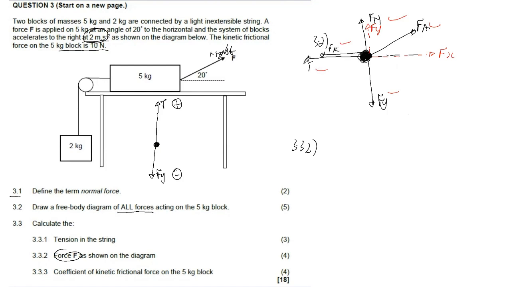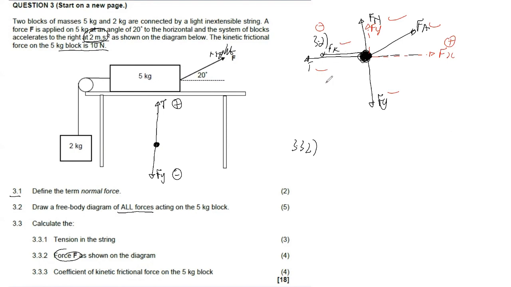Now we can calculate this by looking at our horizontal forces. Our horizontal forces are tension, Fk and Fx. Since this is being pulled to the right, this here becomes the positive direction, and this over here becomes the negative direction. It's easy to spot this: the negative direction will always be where Fk is.